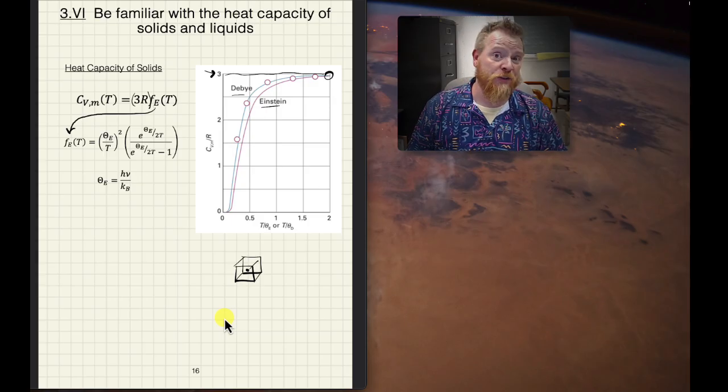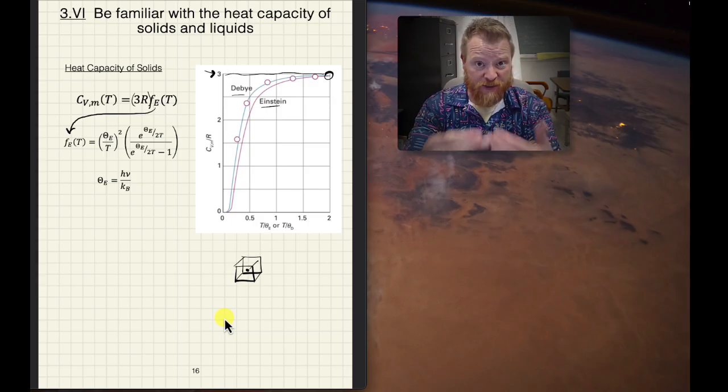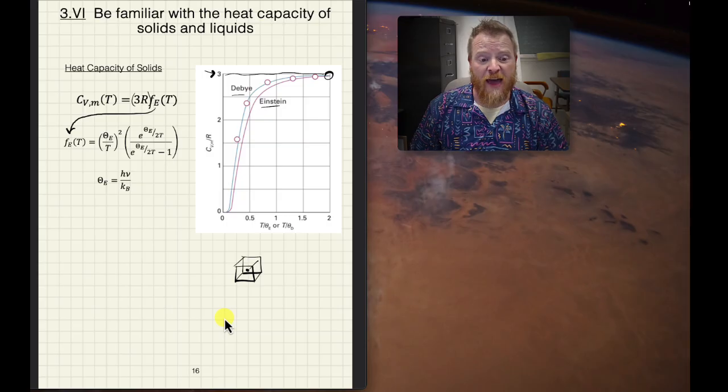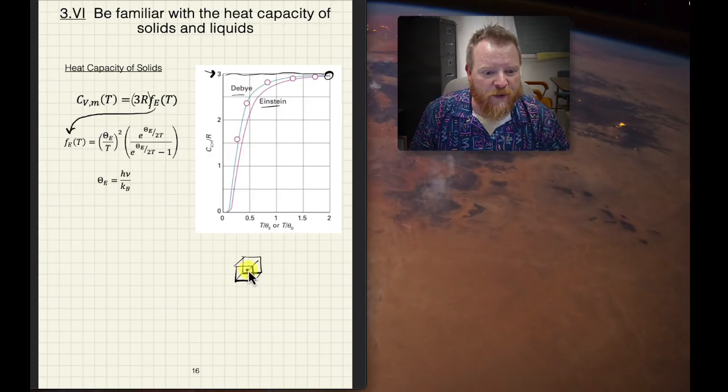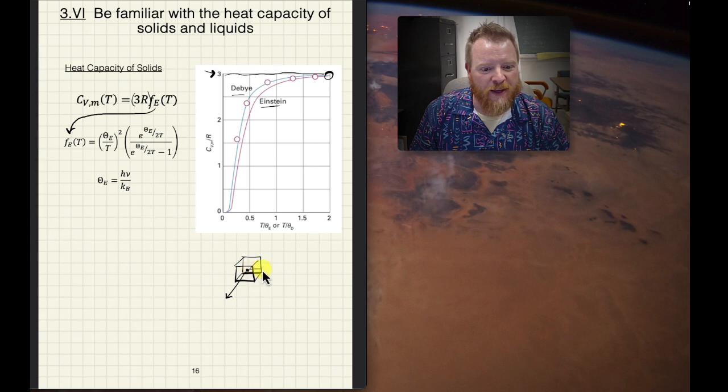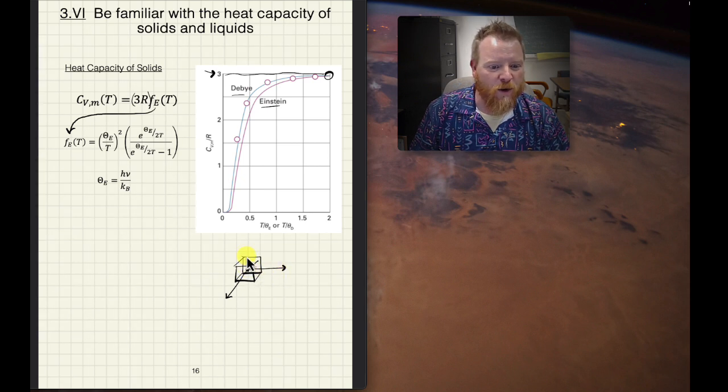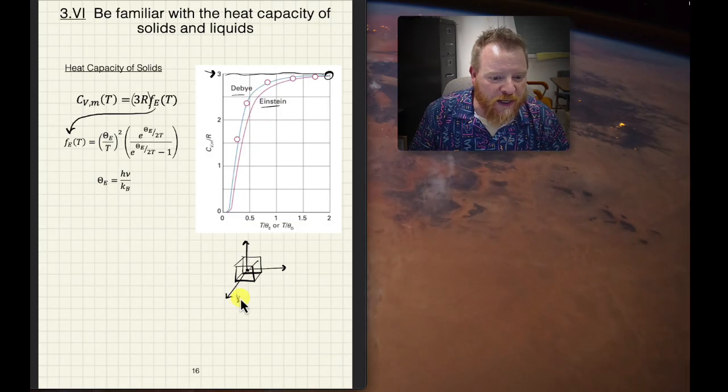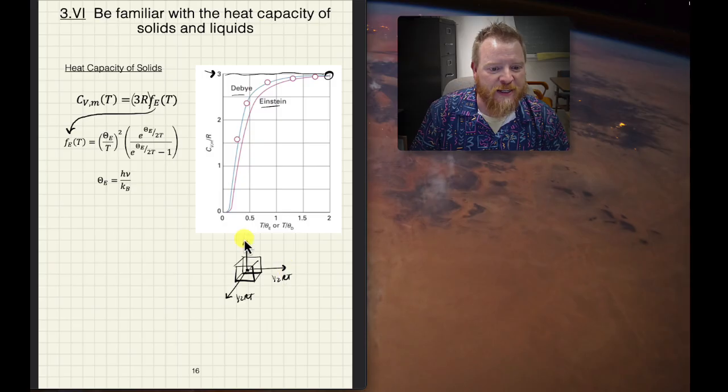These are vibrational degrees of freedom. So it can vibrate just ever so slightly within the lattice. It can vibrate out into the x, it can vibrate out into the y, or it can vibrate out into the z, each of which would give us a 1/2 RT, 1/2 RT, and 1/2 RT.